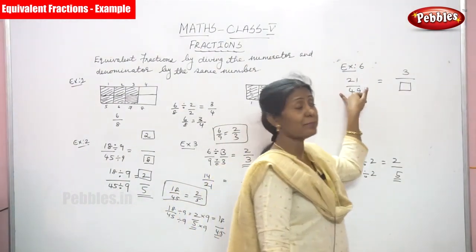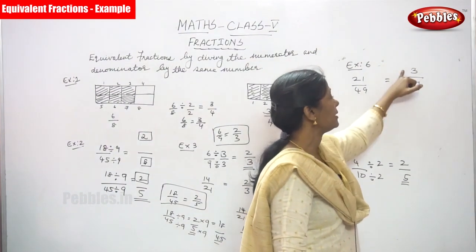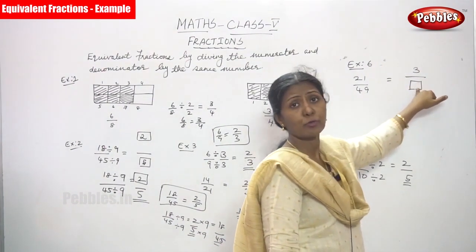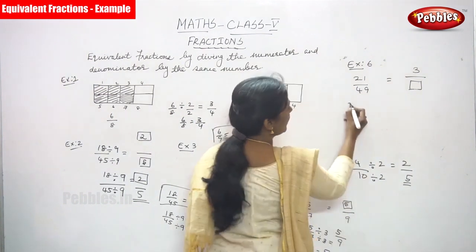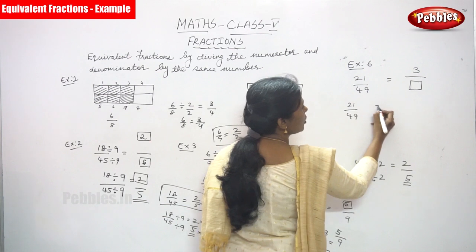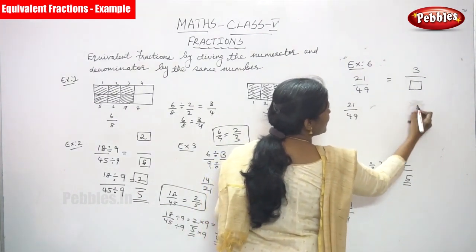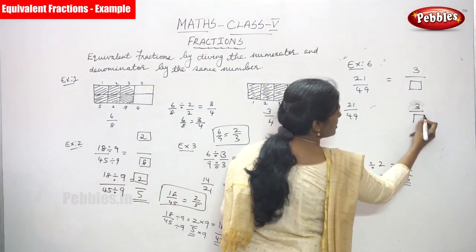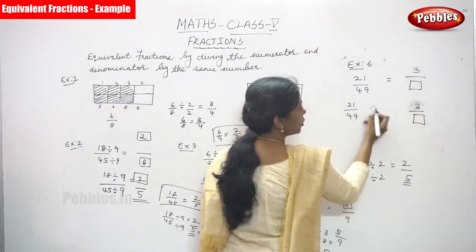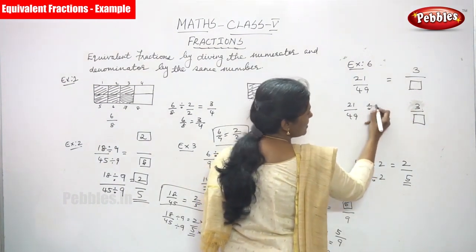The next sum, example 6. 21 by 49 is equal to 3 by what? You have to find out the number. Look at this, 21 by 49. In this question you have 3 divided by what is the answer? 21 is divided by 3, you can get 7.